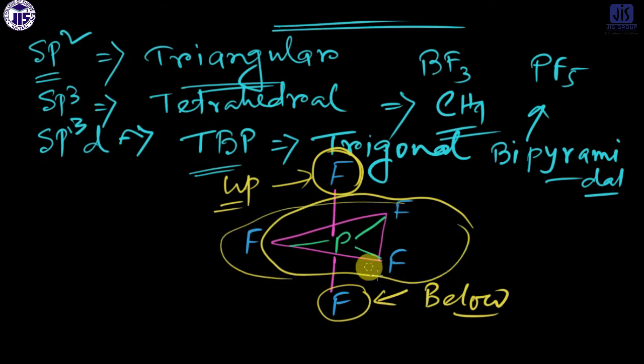So this hybridization is called the trigonal bipyramidal structure.